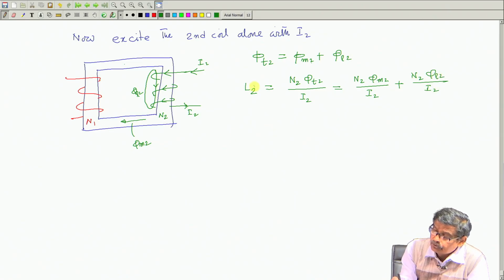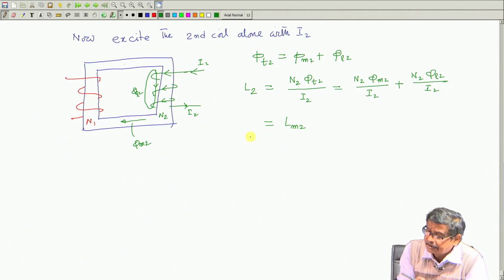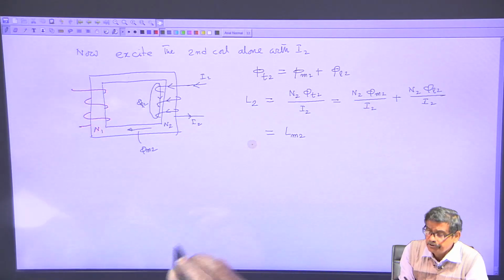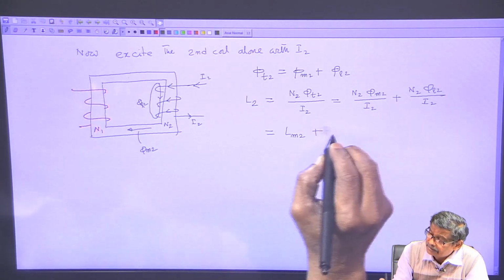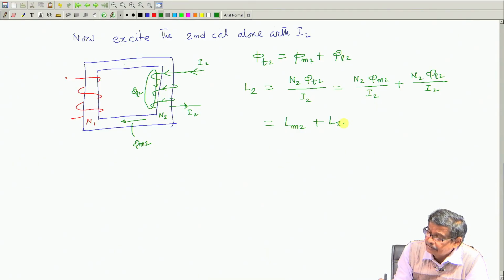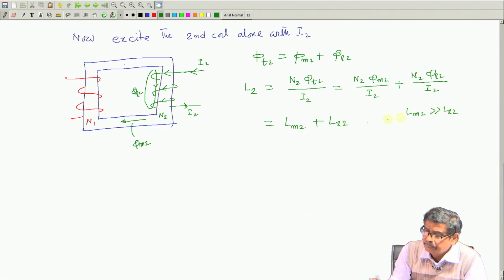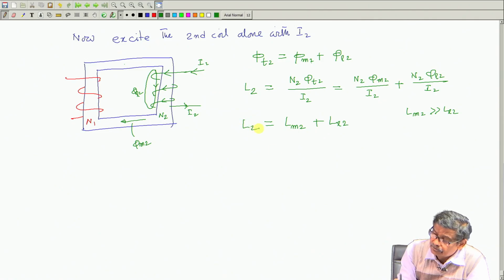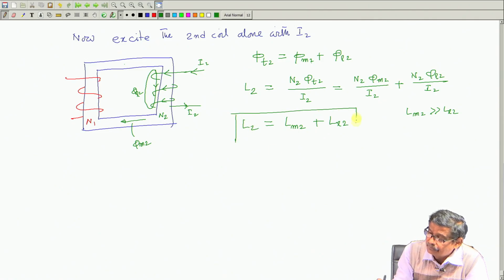This total self inductance of the second coil can be written as the magnetizing inductance of the second coil, caused by mutual flux, plus the leakage inductance of the second coil, and LM2 will be much higher than LL2 for a well coupled coil. So, this will be your L2.